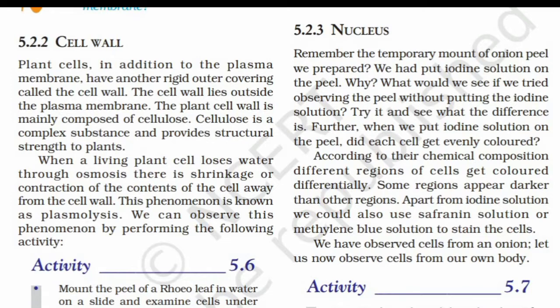So plant cells have two outer coverings. One is the plasma membrane and another is the cell wall. The cell wall lies outside the plasma membrane. So where is the position of the cell wall? It is outside the plasma membrane.